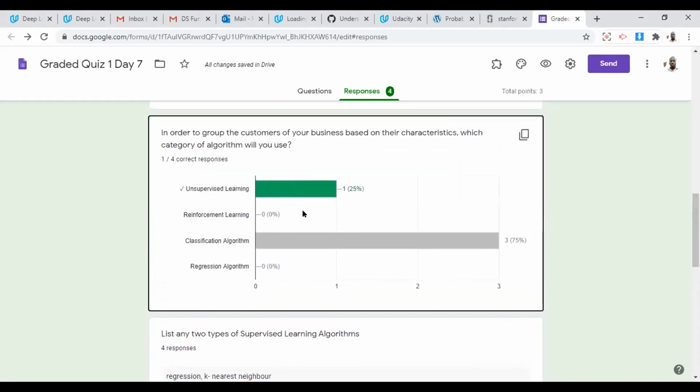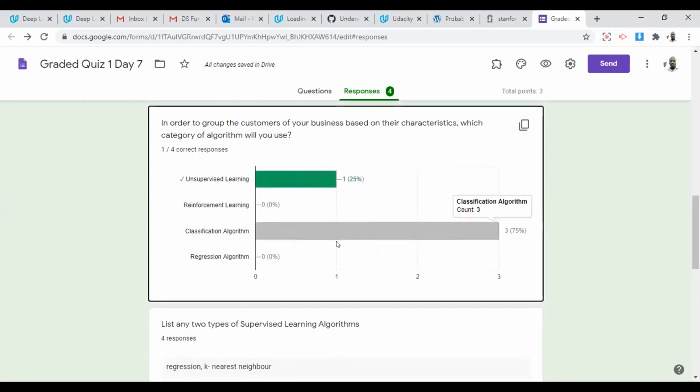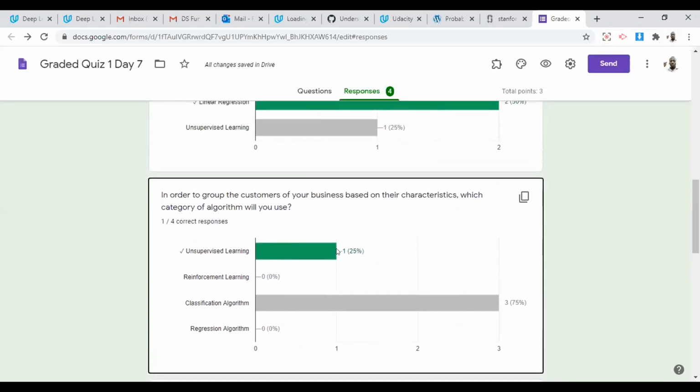So this is the question: in order to group customers of your business based on their characteristics, which category of algorithm will you use? Okay, so we have the answer there. Unsupervised learning is the right algorithm to use, based on their characteristics.